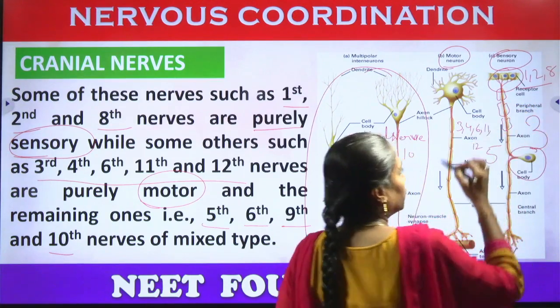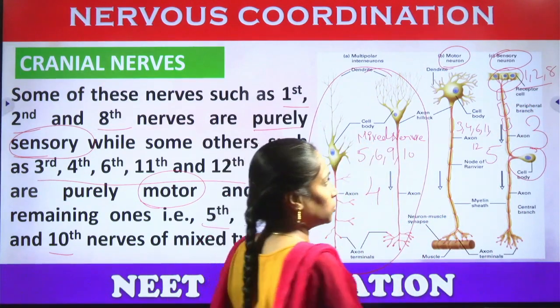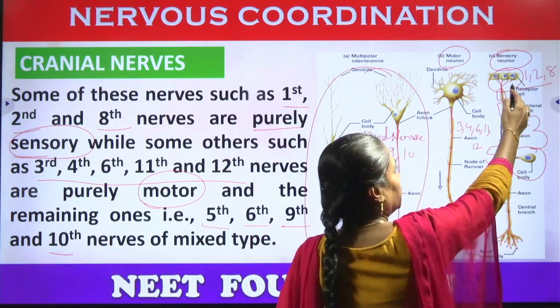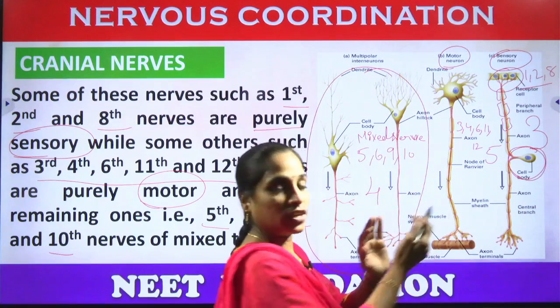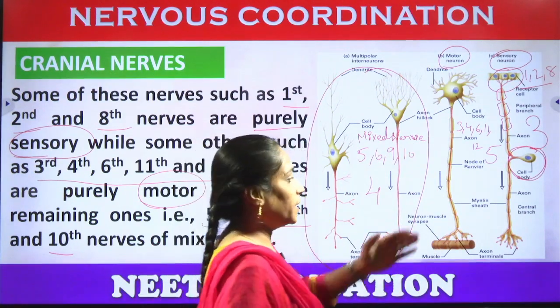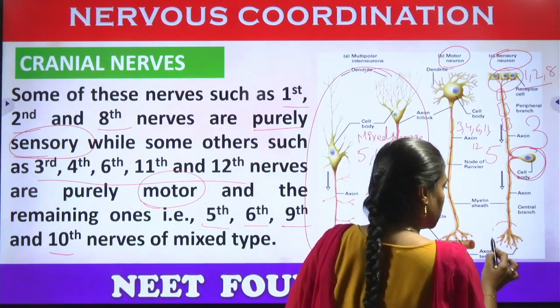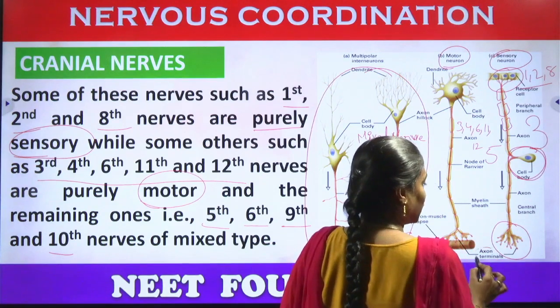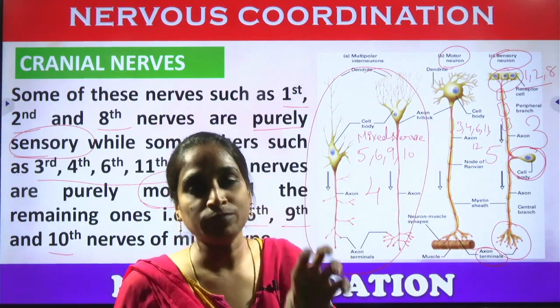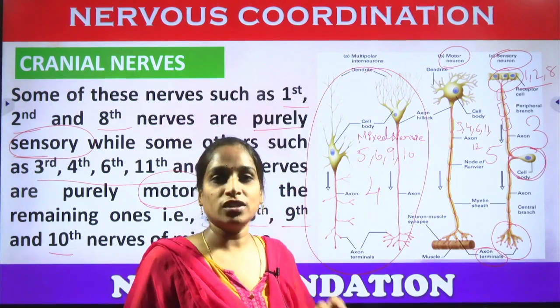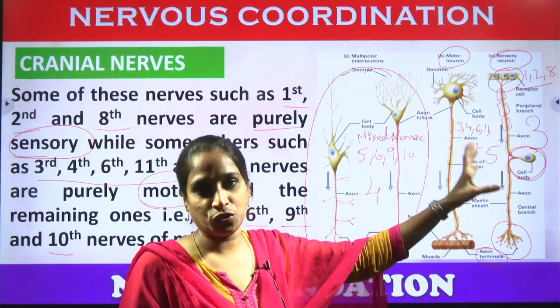On the top we can observe the receptor cell, in the middle part the cell body, and exactly at the terminal region the axon terminals. So wherever the cell body is in the middle, that neuron is called a sensory neuron.